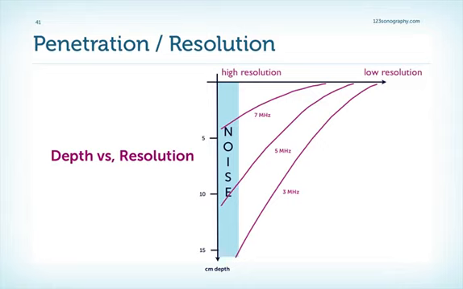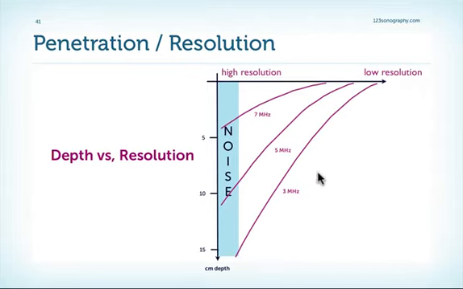Remember, the higher the image frequency is, the less penetration we get. Now you might ask, why should we use high image frequencies in the first place? Well, because there's a trade-off. If we use low frequencies, we have poor resolution. So you can choose either good resolution and poor penetration, or vice versa.